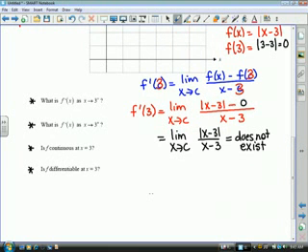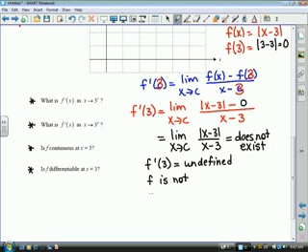So we said the derivative does not exist. What does that mean? That means f prime of 3 is undefined. What does that mean?